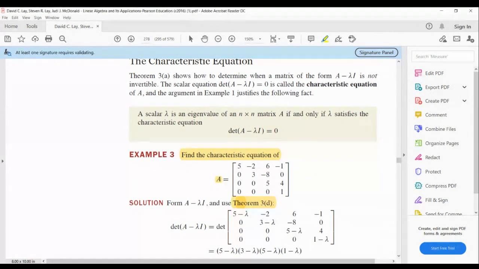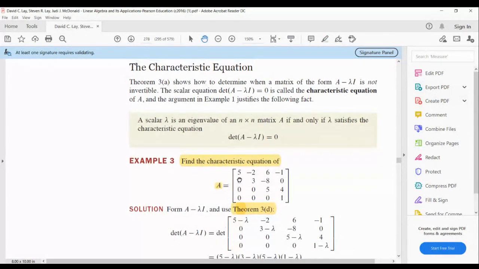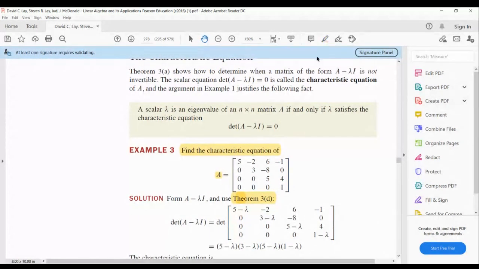If we focus on these zeros here in the matrix A, the yellow highlighted zeros, what does it resemble in geometry?